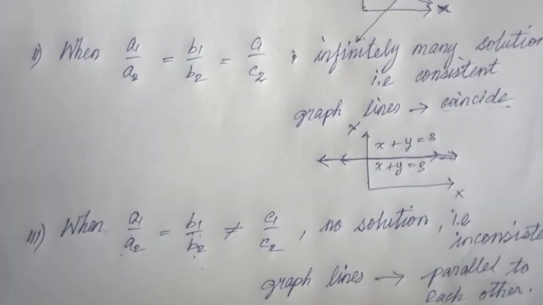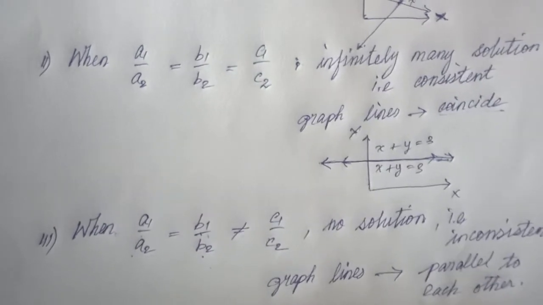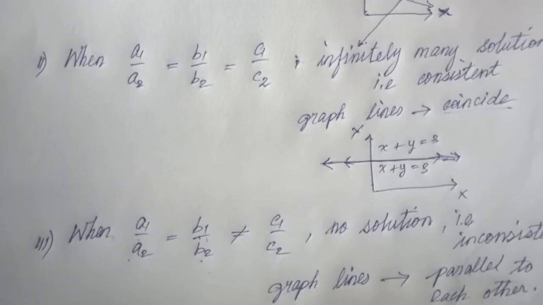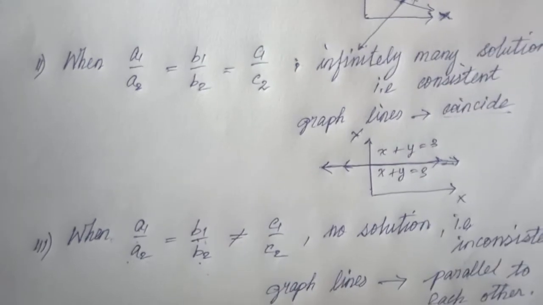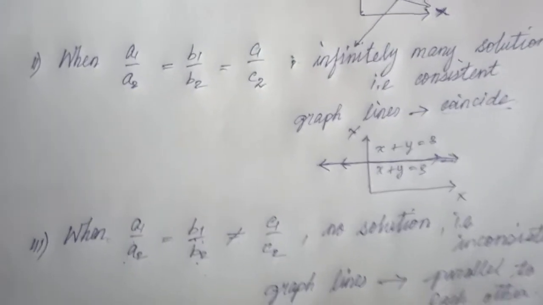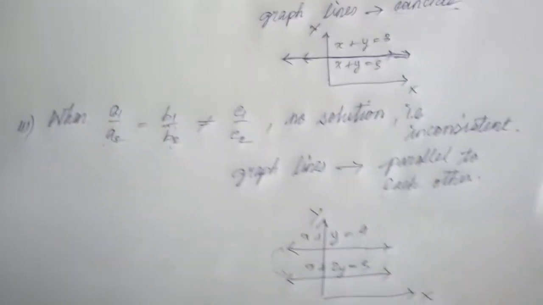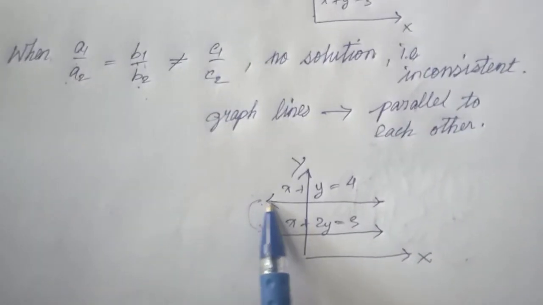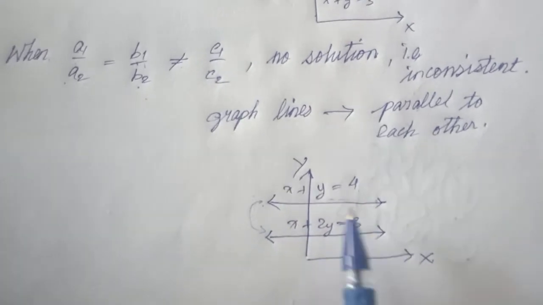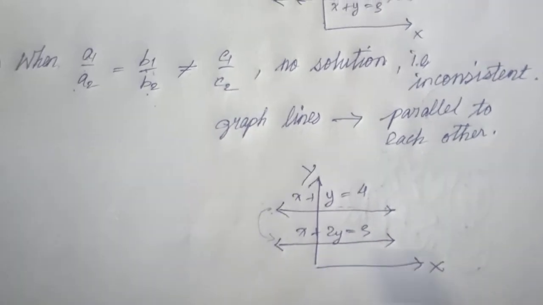My first equation will be here, x plus y equal to 4, let's say, and the other equation will be here, x plus 2y equal to 3. See, these lines do not meet each other at any point. They are parallel to each other and they will never meet.